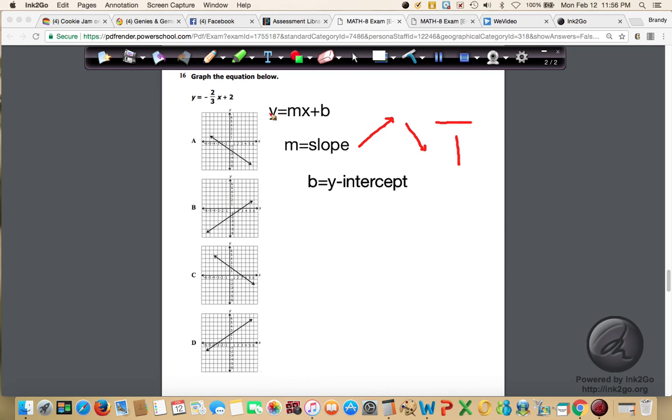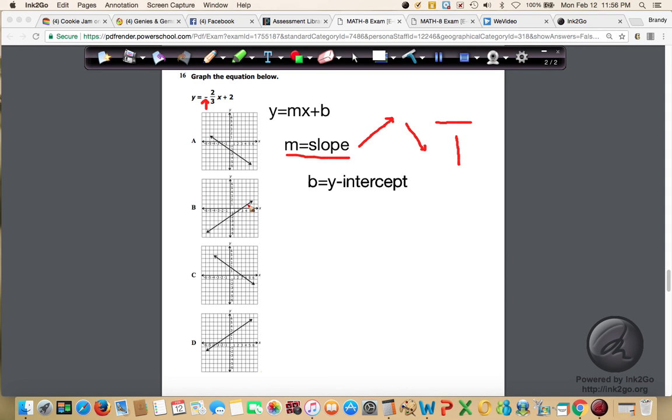So if there was nothing here, y just equaled a number, that would be horizontal, and we don't have any of those. So which one of these is going to be positive or negative? If you can remember slope with that little negative sign, does it go down like you're falling down the hill, or does it go up?